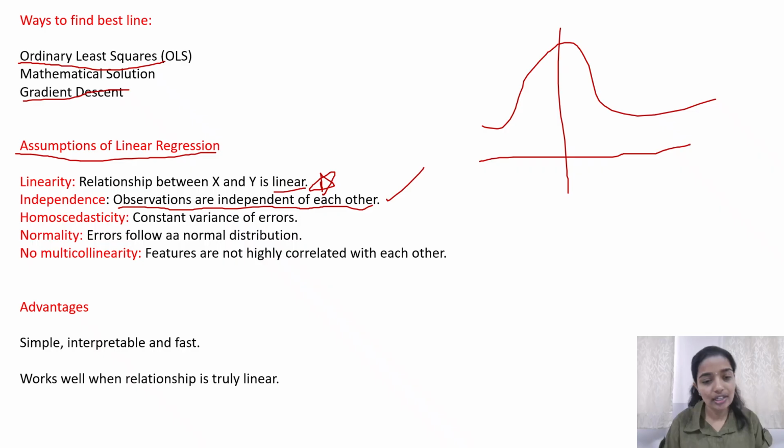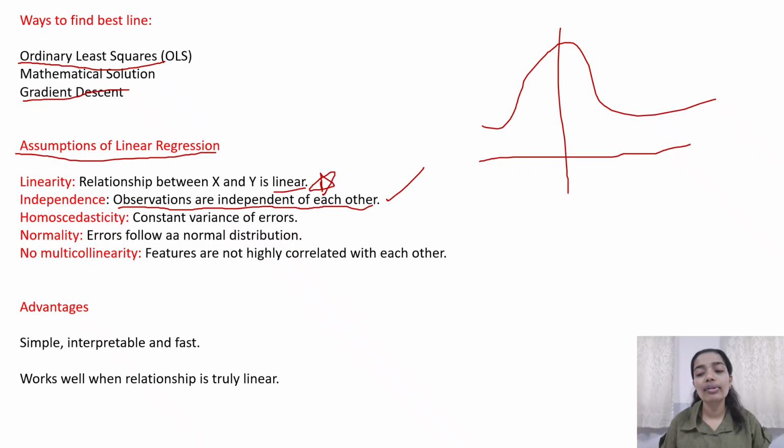Then again, this algorithm has advantages, that it is simple and fast. It works well when, in real world data sets, this may or may not happen, that the features are exactly linear to each other.